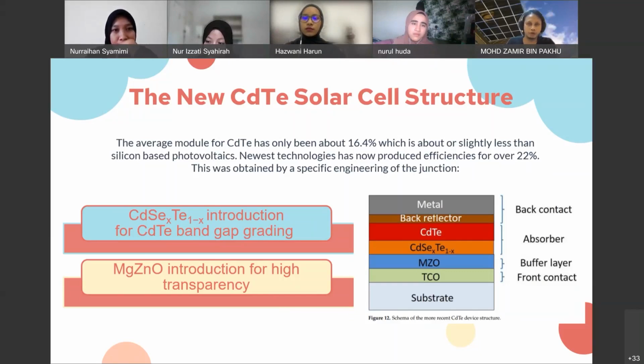They should be qualified to be a window layer in a cadmium telluride solar cell, but it's a matter of whether or not it can result in high conversion efficiency of the cells, just like what Hazwani said. The best one for now for this particular combination is cadmium sulfide. Okay, so any other questions?